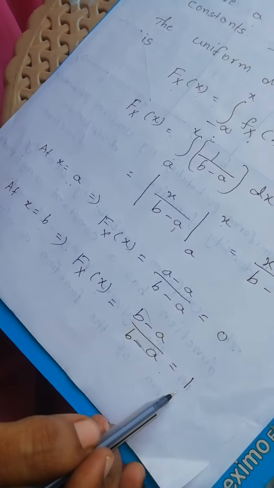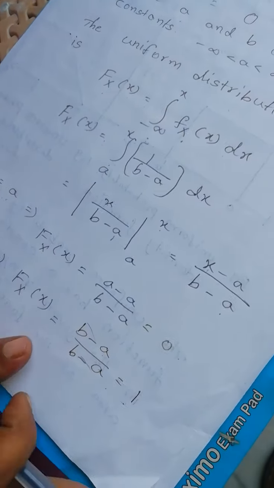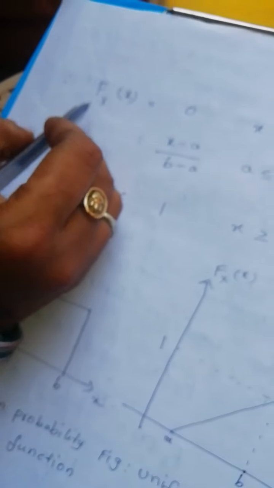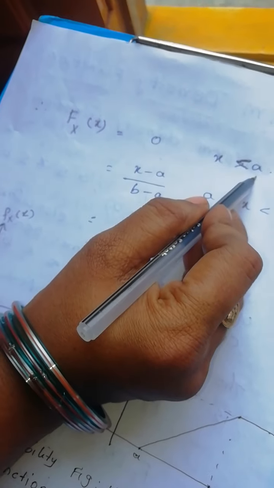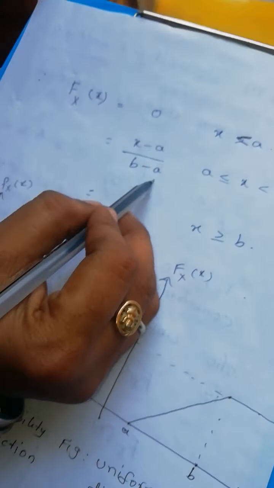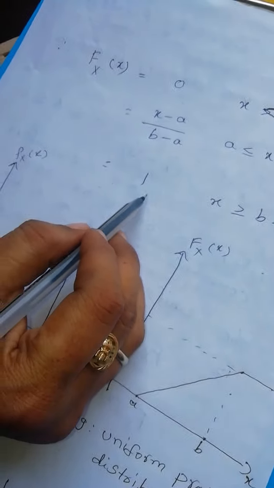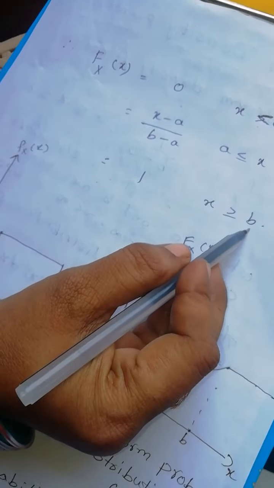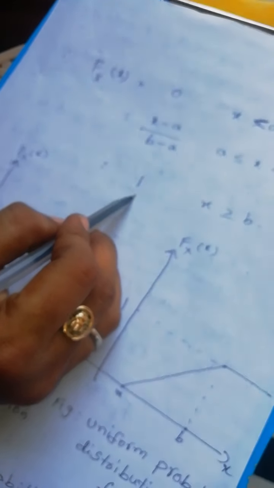The numerator and denominator cancel, and we get 1. So finally the uniform distribution function is 0 when x is less than a, x minus a by b minus a in the range a to b, and 1 for x greater than or equal to b. Always the final value of the probability distribution function is 1.